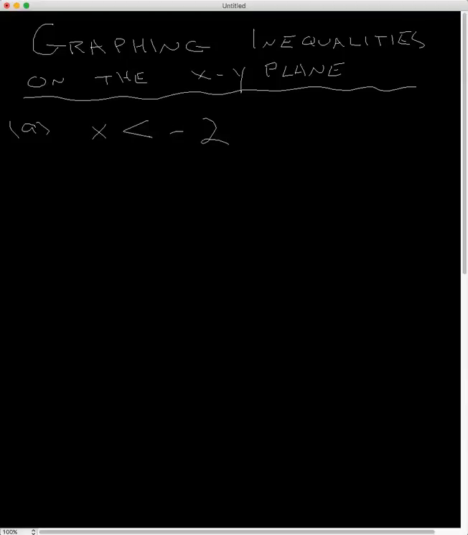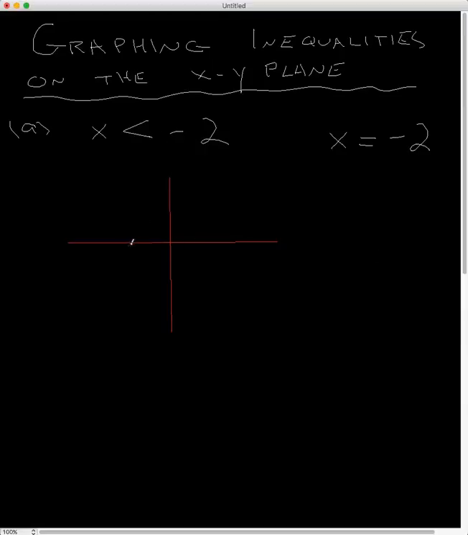So if I draw the XY plane here, the first thing we should do is replace this inequality with an equal sign. So I write x is equal to -2, and we have to graph this.